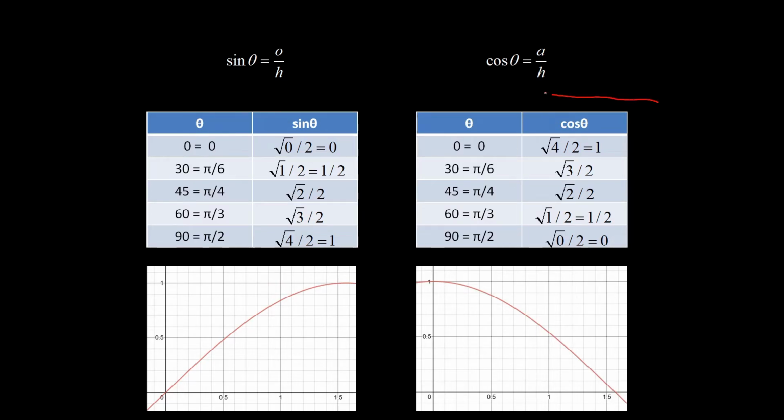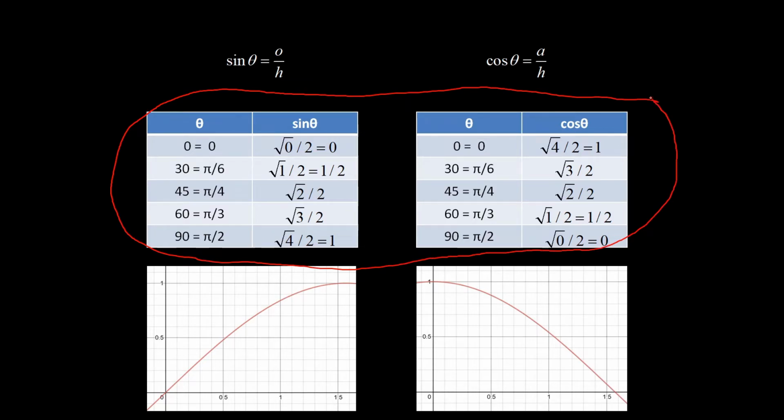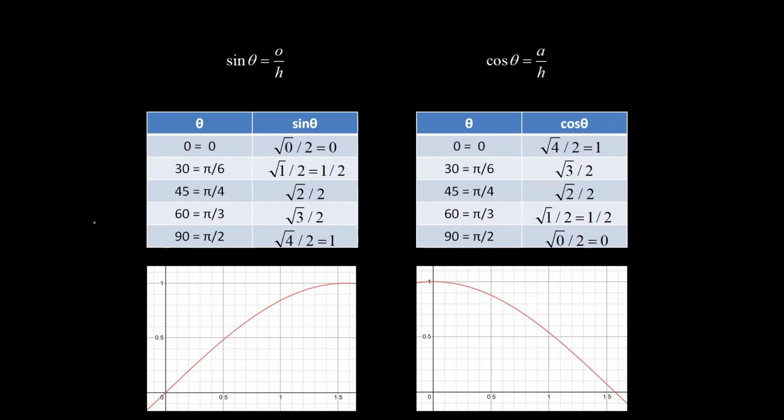So again, you should burn this into your brain. These are very common angles, and it's good to know these answers. What's going to happen in the future as we move forward in our class is we're going to learn how to get larger angles, angles larger than 90 degrees.